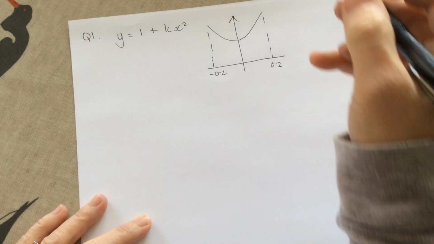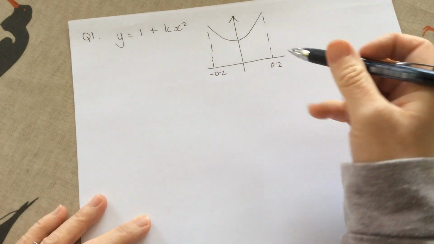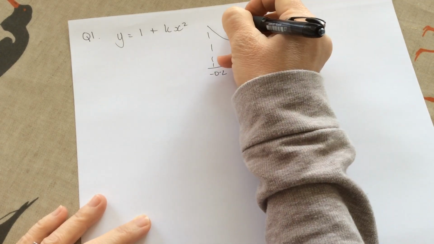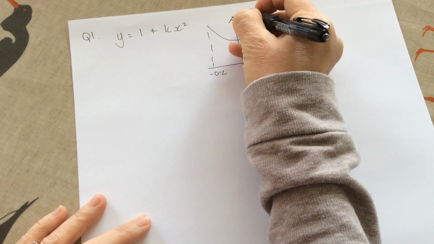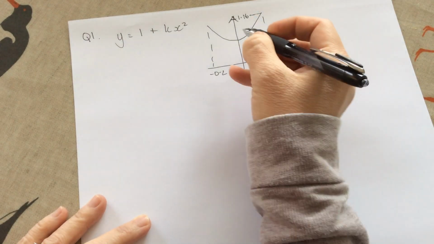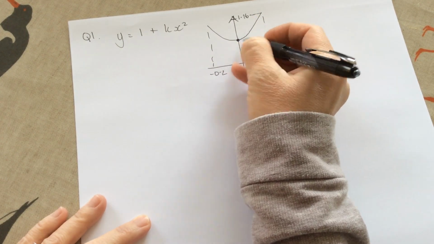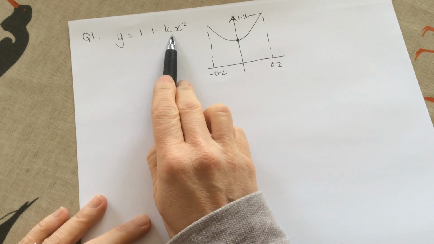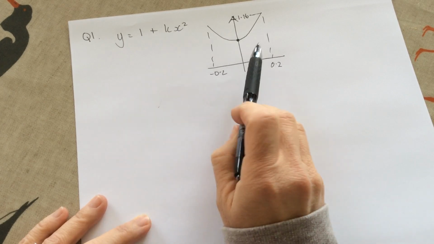On the original drawing of the bird bath, we'd been told that this was 1.16. So we know that the y coordinate there is 1.16. We know it's symmetrical about the y-axis, because this is just a translation and a stretch of an x squared graph.